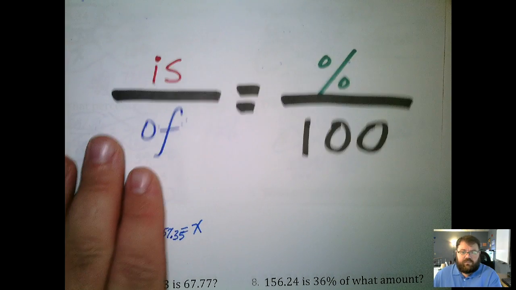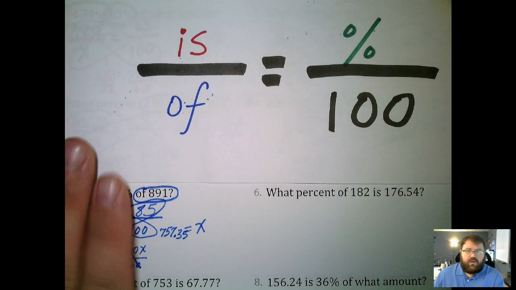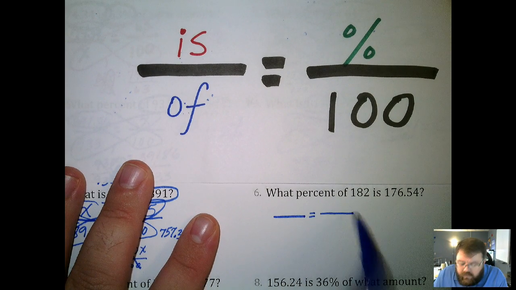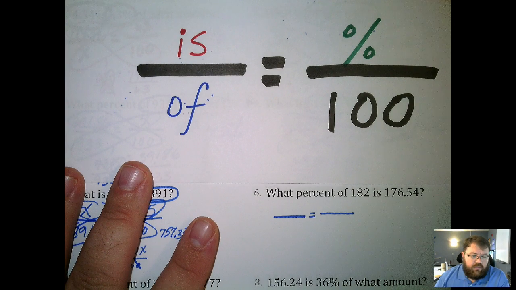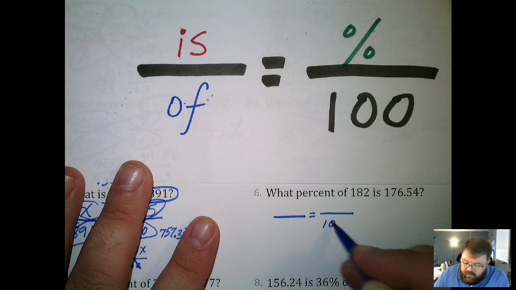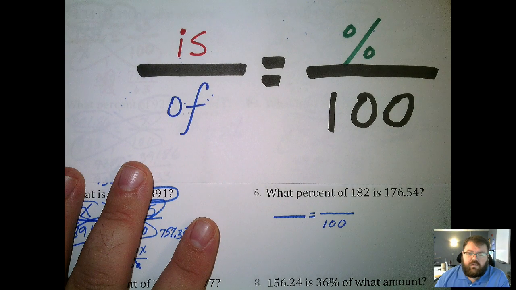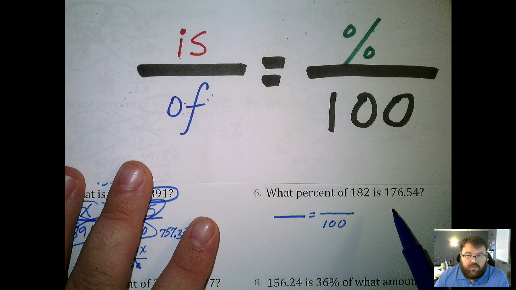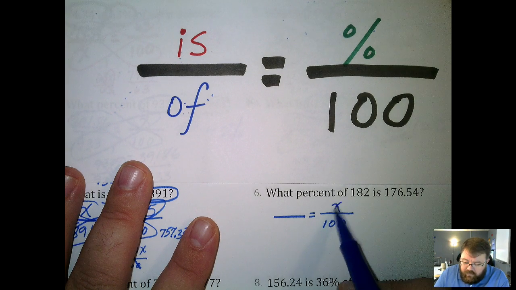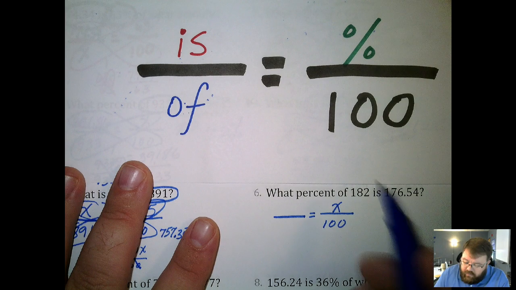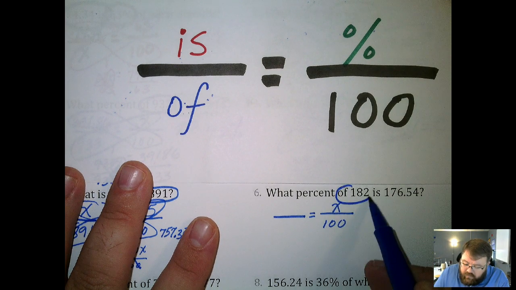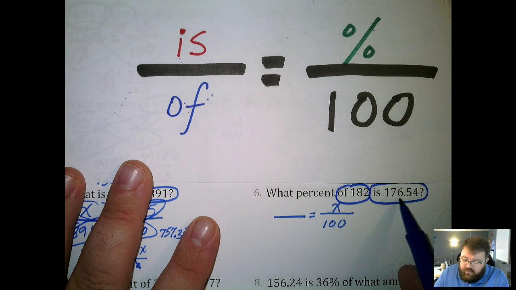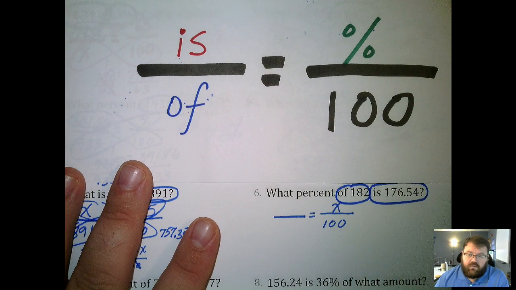Number 6. For number 6, remember, line equals line. That's the way you want to start these problems. Next, go ahead and substitute your 100. Then, look, do you have a percent? I do not have a percent here, so I know that's my variable. Next, I'm going to look at of 182 is 176 and 54 hundredths.